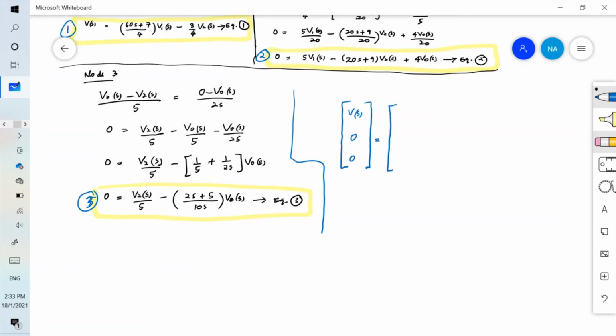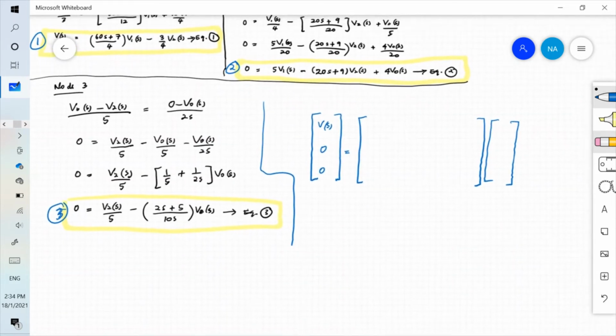Now we're going to do it by each equation. The arrangement is V1s, V2s, V0s. So this is the correct arrangement for the 3 equations.